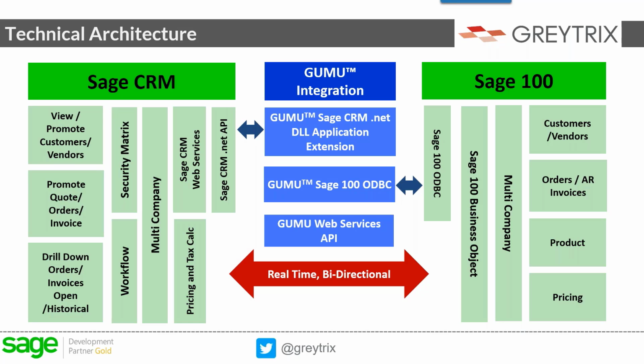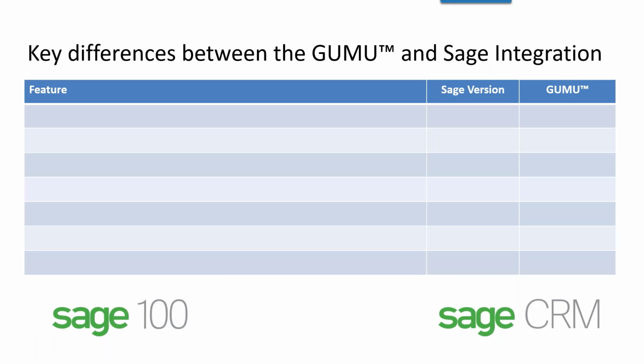And there's a lot going on this screen too. Just consider the GUMU middleware. It exists on the server. So there's nothing happening at the desktop level with Sage 100 for the users. It's all happening at the server level. It is a real-time bidirectional integration. It's very feature-rich and continues to get better and better.